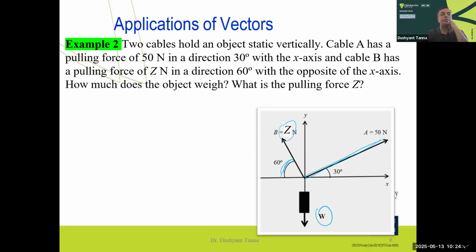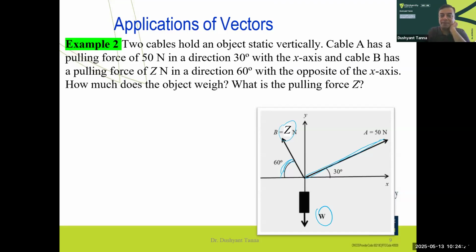Right. First thing first, we talk about the vector A and B and the weight. So there are three components, and then sum of all the forces will be 0. Why? Because it's static, it's steady, right? So object is steady, the same place, okay? And that's why sum of all the forces will be 0.